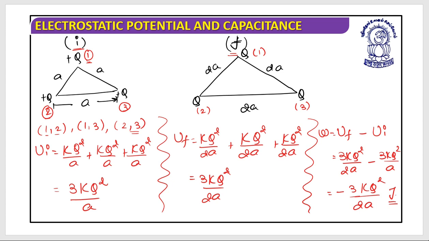Then calculate W equals UF minus UI. You can even do UI minus UF, that doesn't make any difference, because we are going to decide whether this answer should be positive or negative.